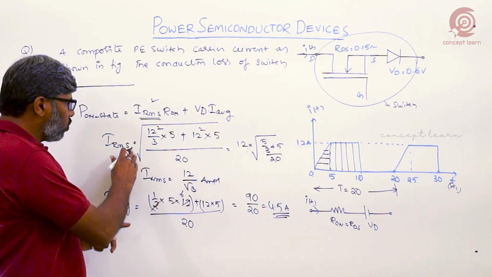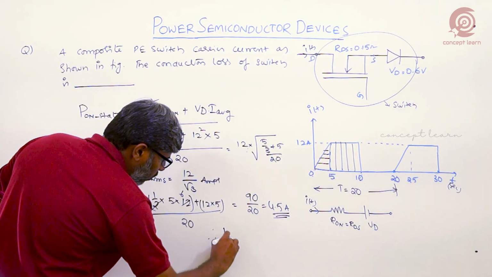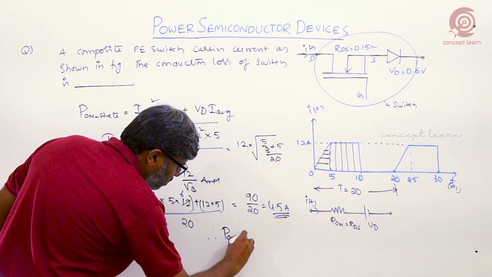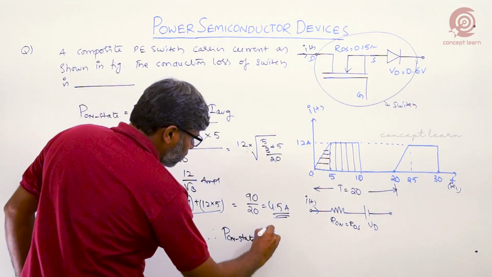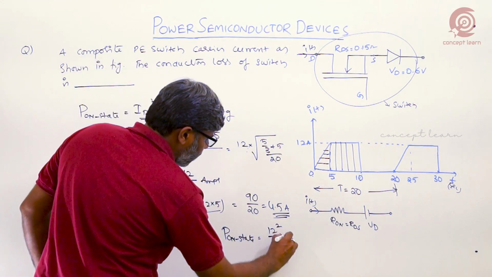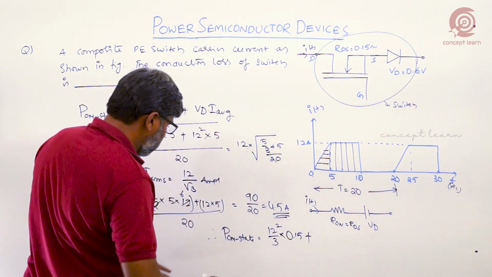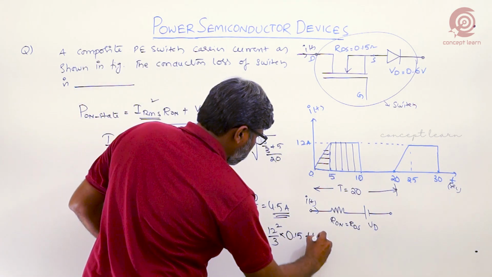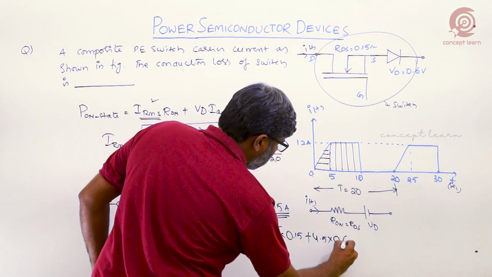Now substitute these two values in this expression. Therefore, the on-state or conduction loss of this composite power electronic switch is 12 square by 3 into 0.15 plus 4.5 into 0.6.